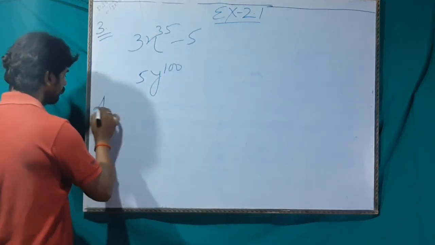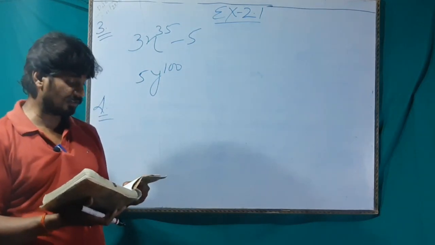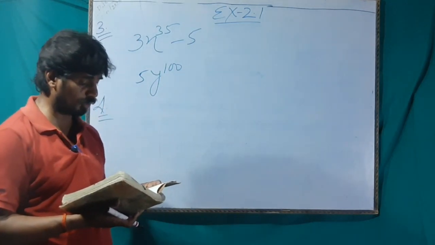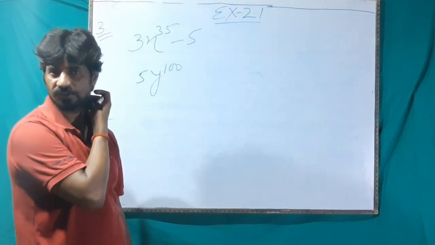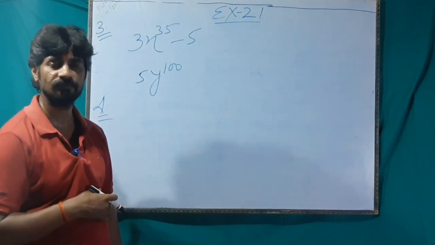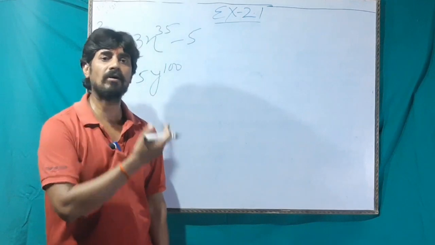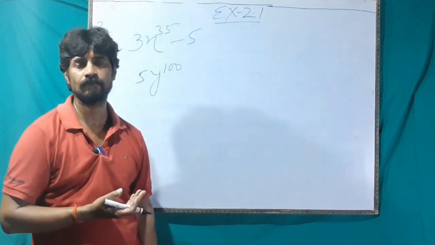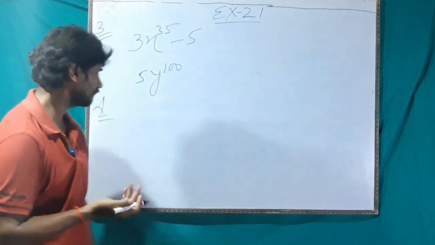Next question 4. Write the degree of each of the following polynomials. Only degree. You can write this because the maximum power of the variables of the polynomial is said to be the degree of the polynomial.